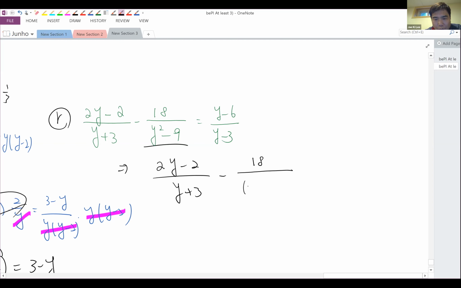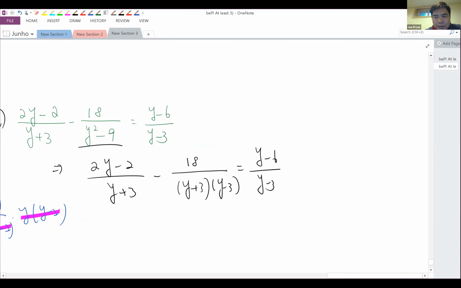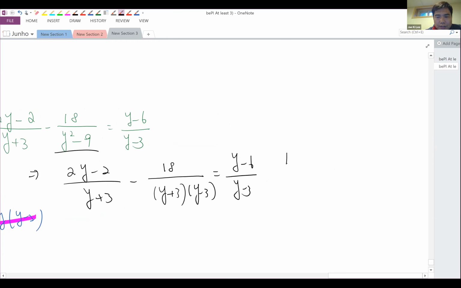It should be y plus 3, y minus 3 equal to y minus 6 over y minus 3, like that. So what's the LCD for this case? LCD must be this one.